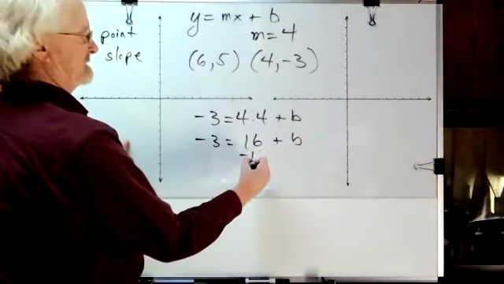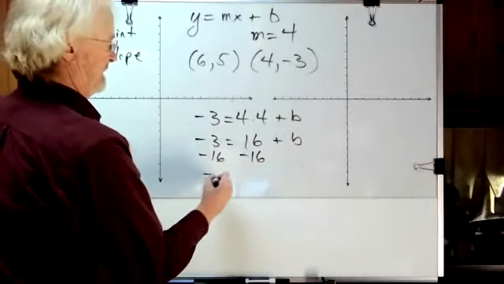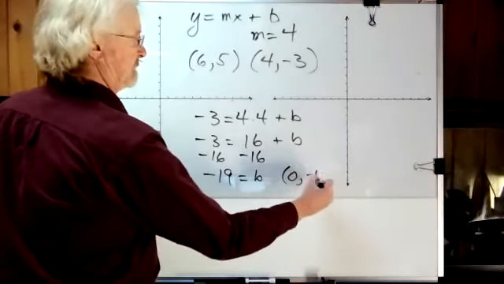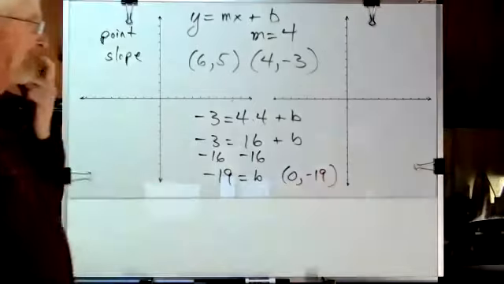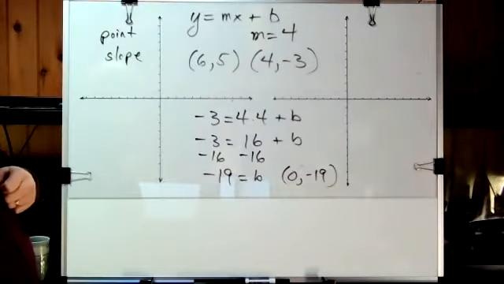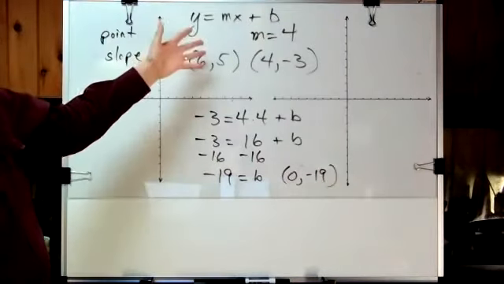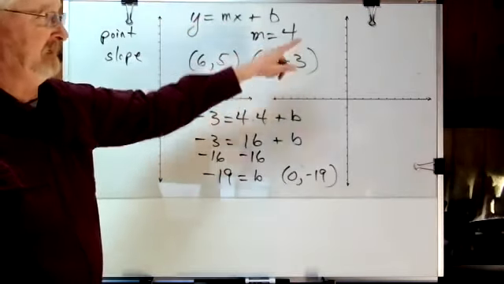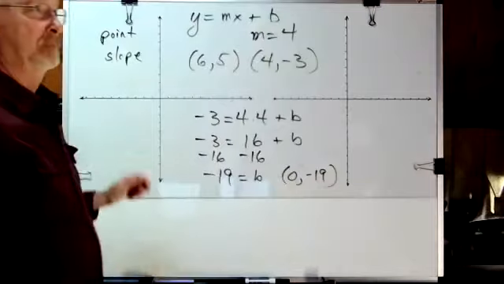Solving for that b, let's get rid of 16. -19 is my y-intercept. And so now, final answer, put it together with the slope I calculated and the y-intercept.